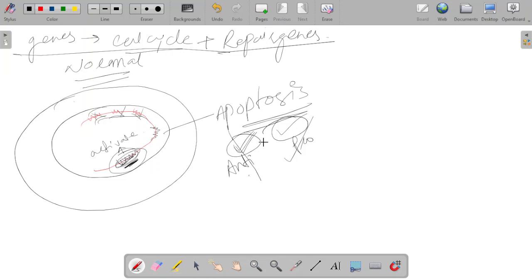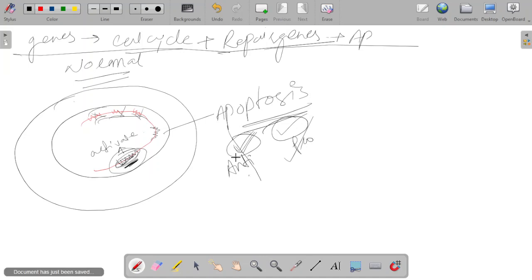Understand? This is another implication of the mutations in a cancer cell. So another mutation you now have on record is that the apoptotic genes are also mutated: anti-apoptotic genes gain function and pro-apoptotic genes lose function. This is a third difference.